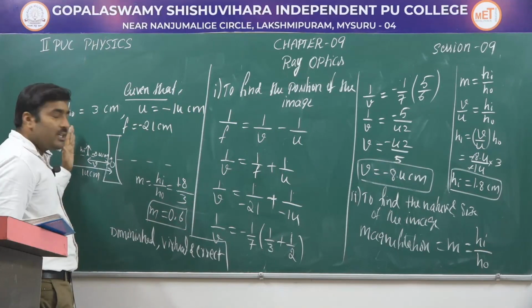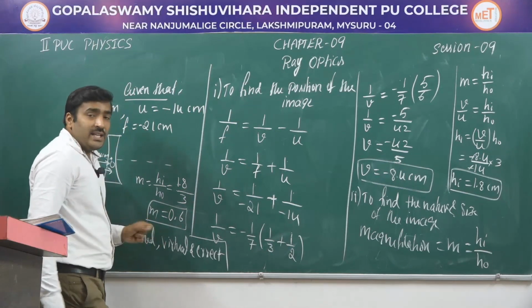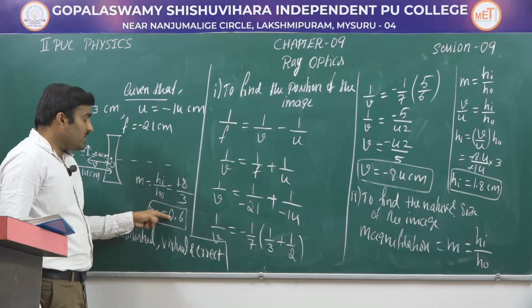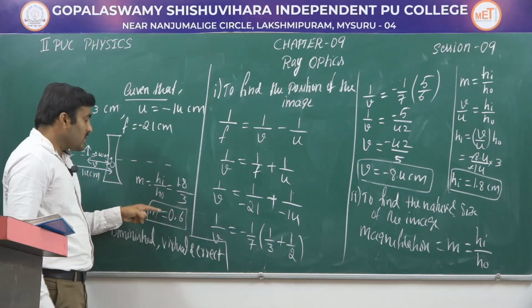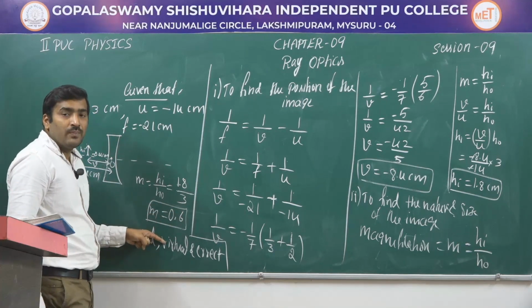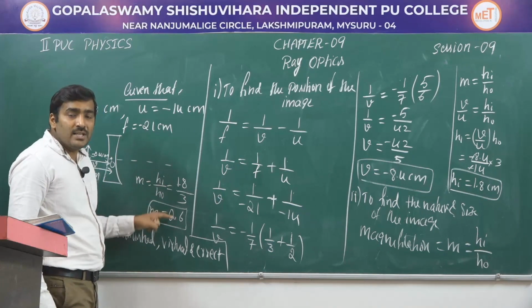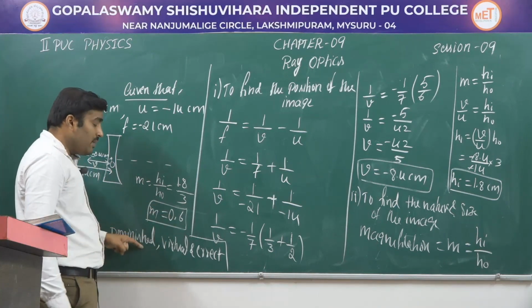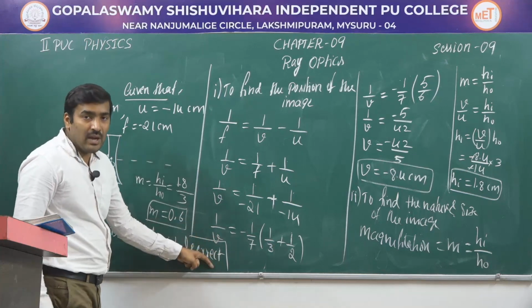And the nature of the image, as the magnification is plus 0.6, since it is positive, it is a virtual image. As magnification is plus 0.6, the image is a diminished, virtual and erect image. Okay.